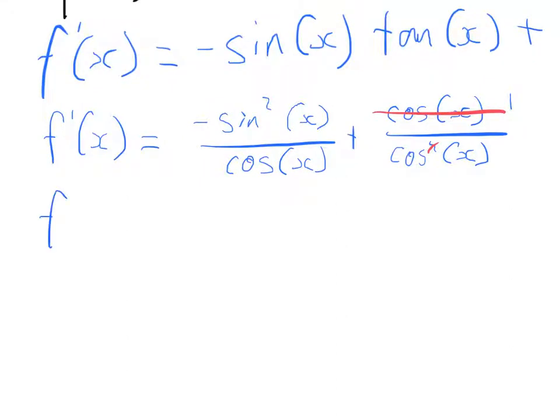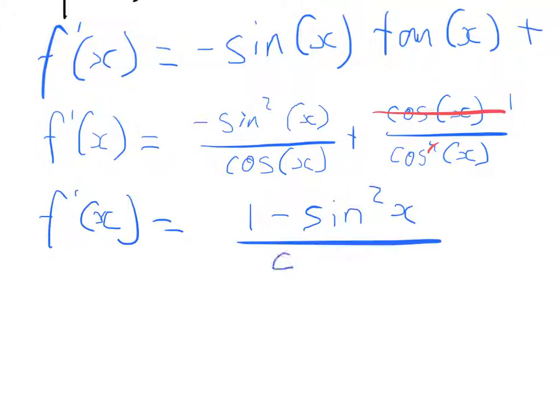Which means that f dash of x equals 1 minus sine squared of x over cos of x. But if we think about that again, 1 minus sine squared is cos squared of x.